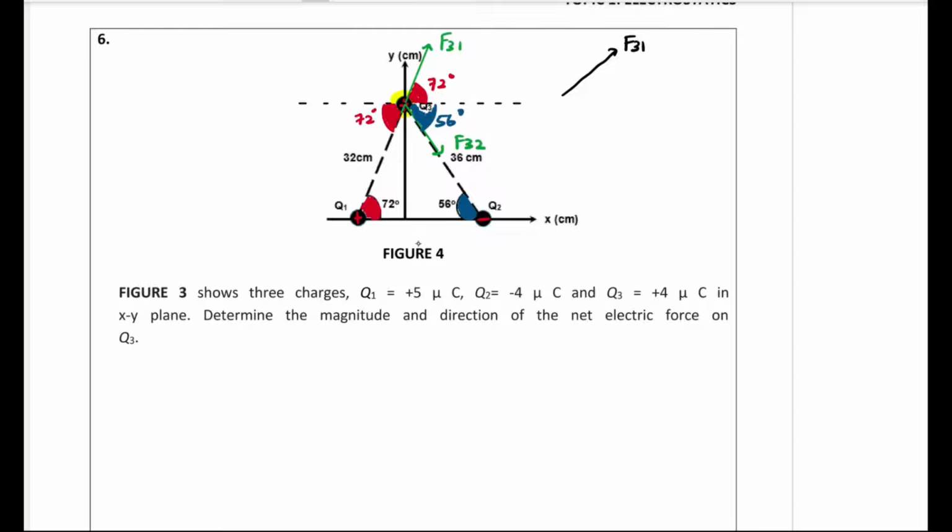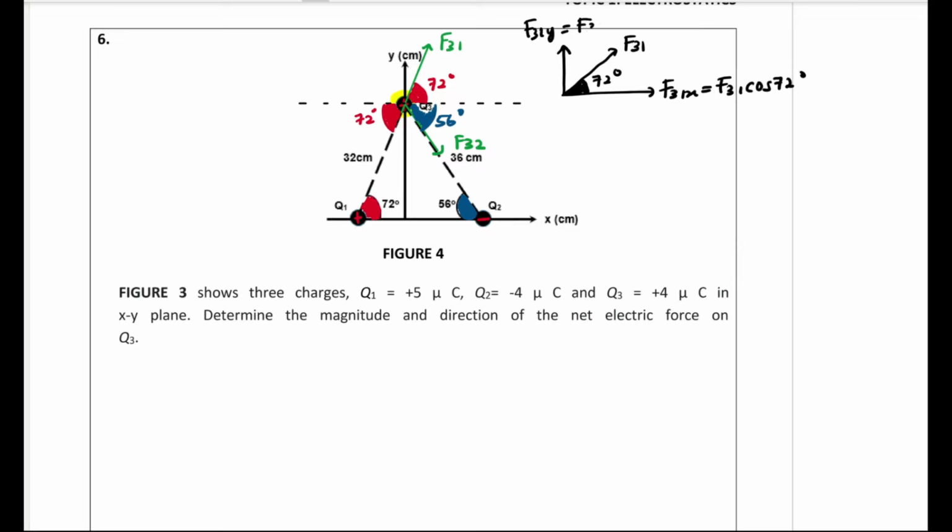You need to resolve it into X component. So F31 cos 72. F3Y. This one is F31X. Wait, let me correct it. F31X is F31 cos 72.